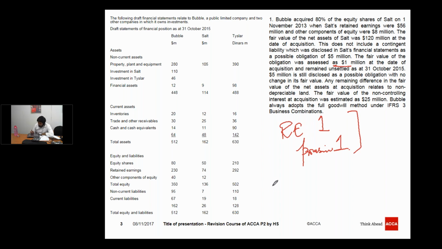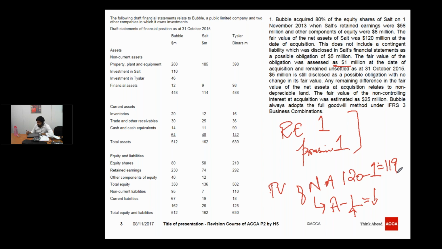So fair value of net assets without incorporating this liability is 120 million. Or you can say that when the liability of the business has increased, the net asset value will decrease by 1 million, because we have calculated net assets by taking asset minus liability. So when we increase the liability, the net asset will go down. So the final value of the net asset is 119. So the fair value of the net assets is 119.